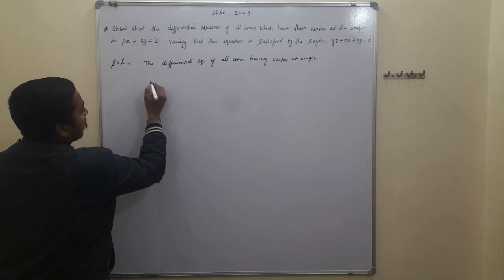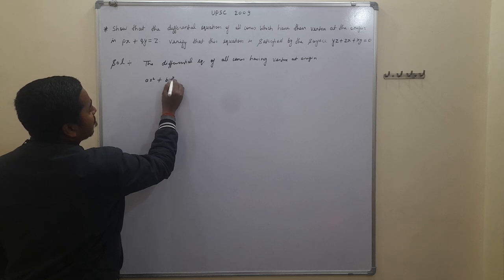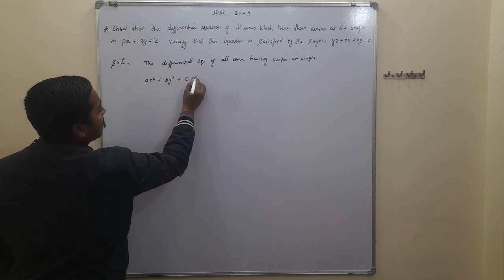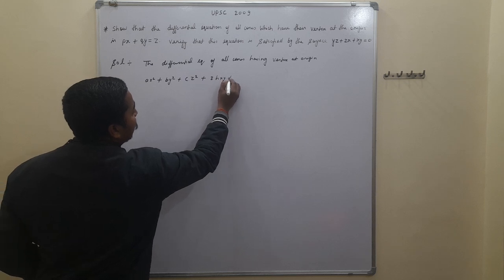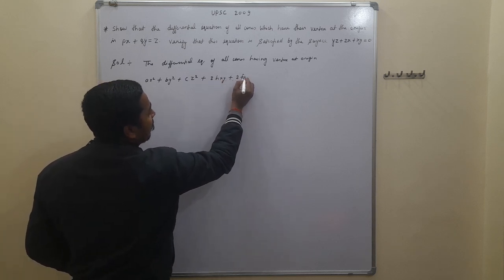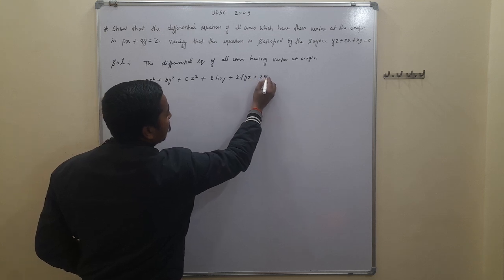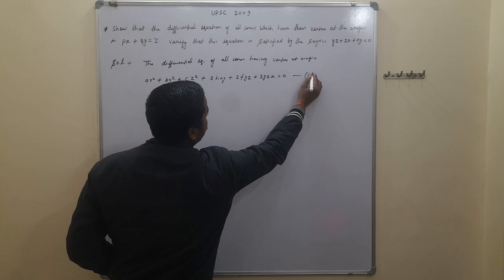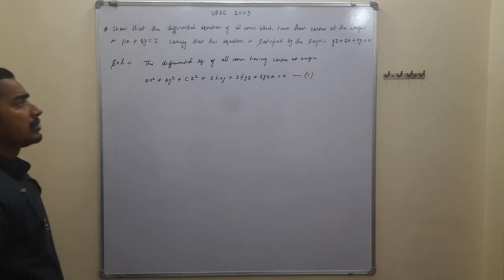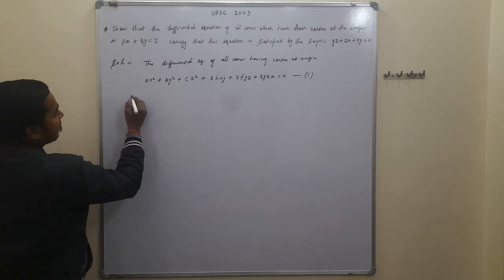This is given by ax square plus by square plus cz square plus 2hxy plus 2fyz and plus 2gzx. This is the equation of cones having vertex at origin.